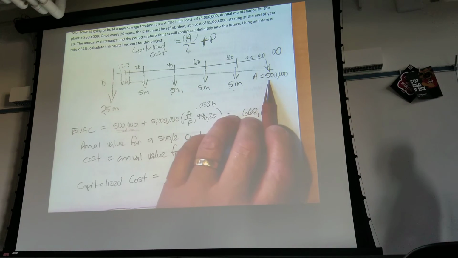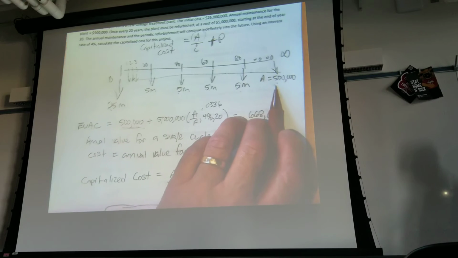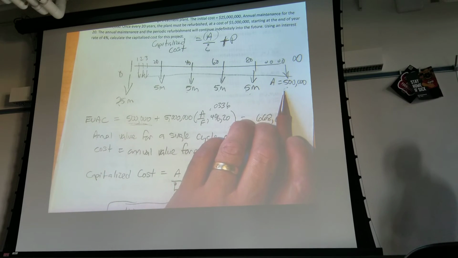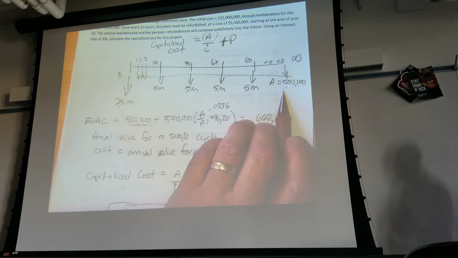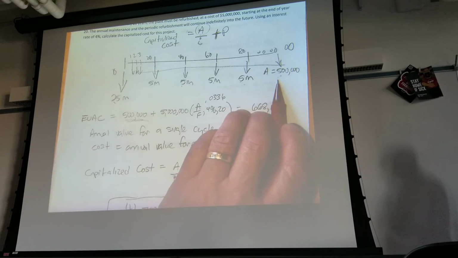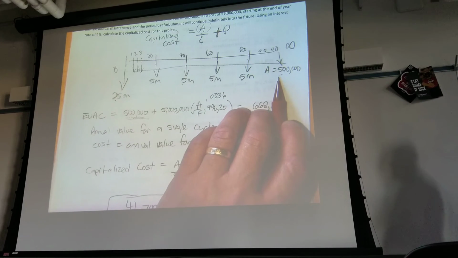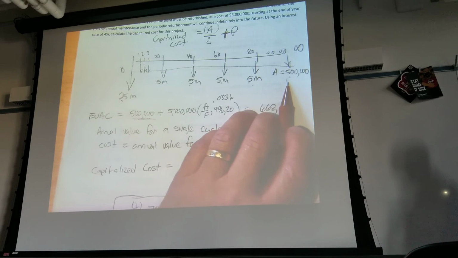That dumb thing I always say, if I tell you A and ask you A, don't try to make it A because it's already A. If I ask you what's the annual cost of something that costs 500,000 every year, it's 500,000.